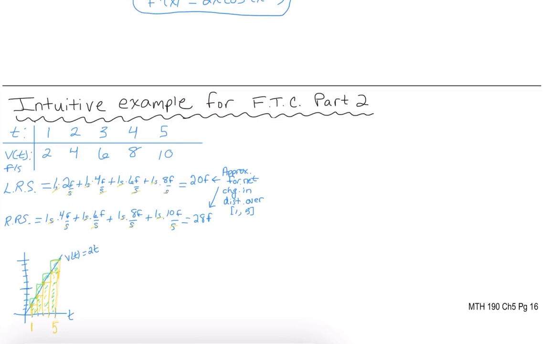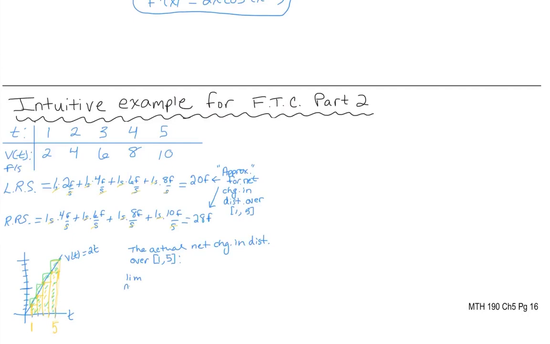So if we no longer wanted this approximate change, if we were really going to look for the actual net change in the distance over this interval from 1 to 5, well, we kind of know how this works, right? It's not just using, what do I have here, 4 rectangles.